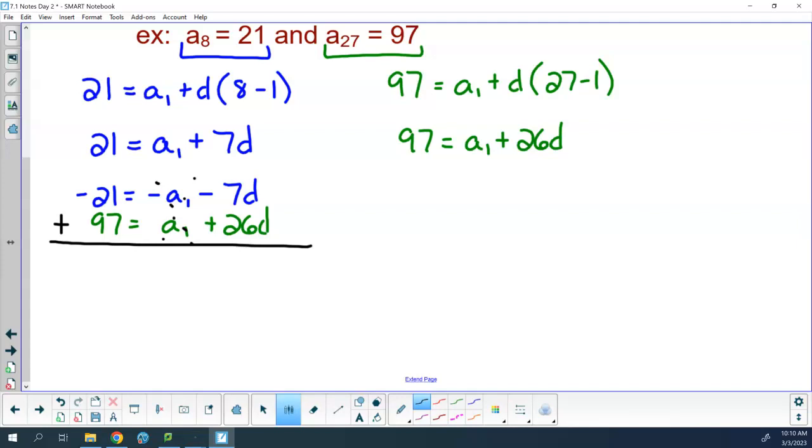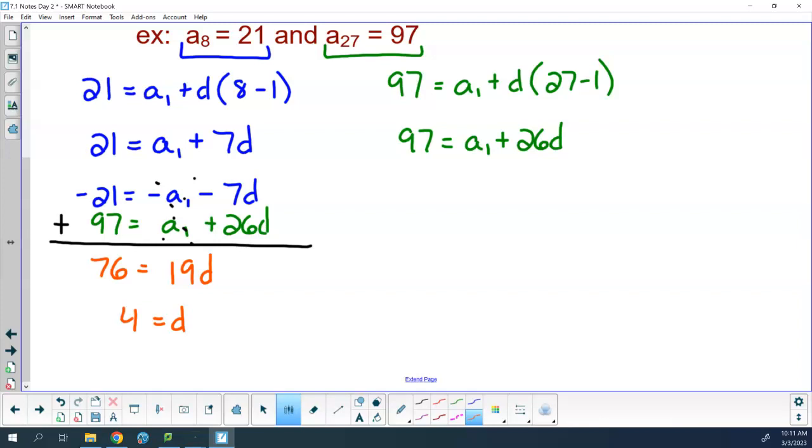Negative 21 plus 97 is 76. Negative 7 plus 26 is 19. 76 divided by 19 is 4. So d is 4.